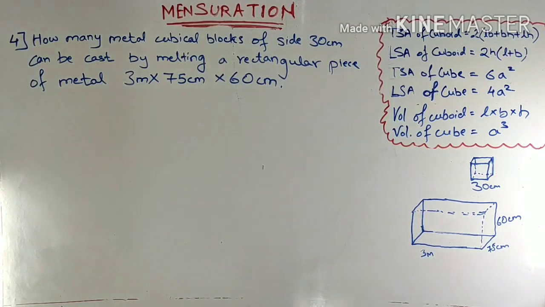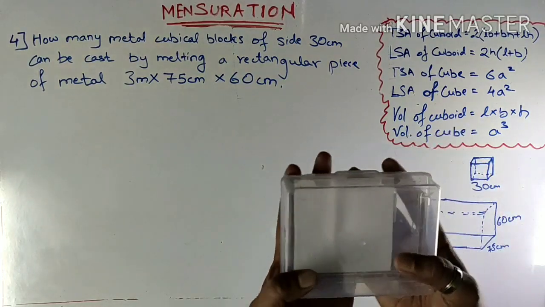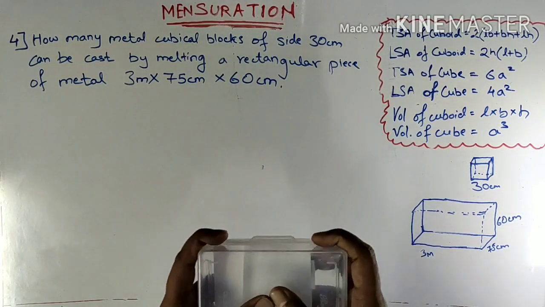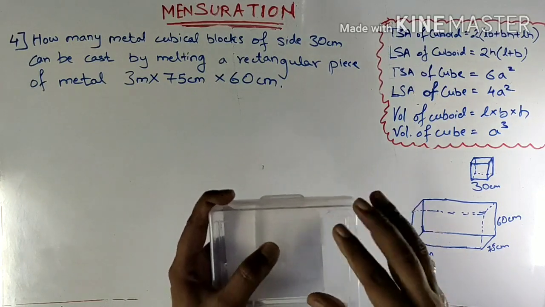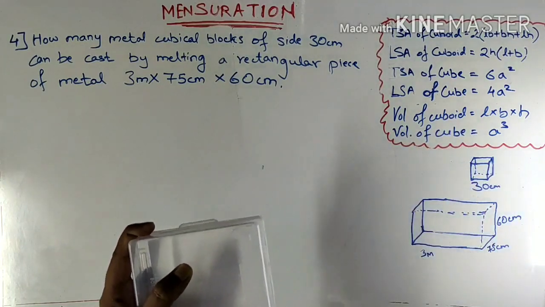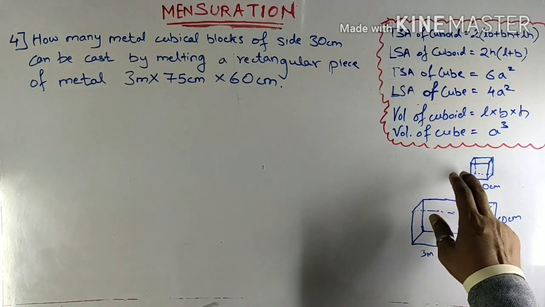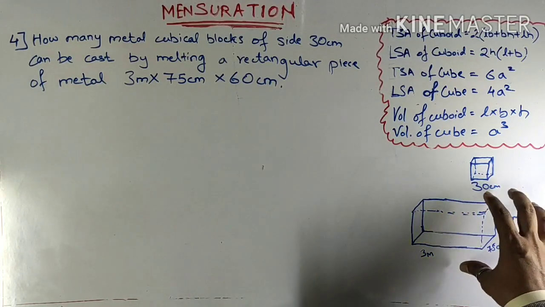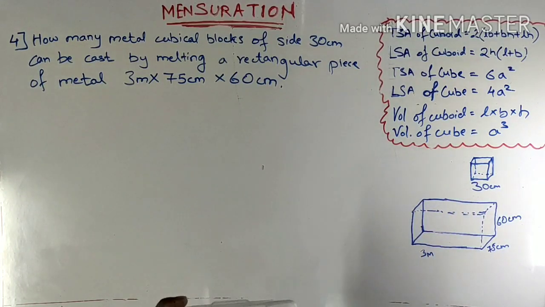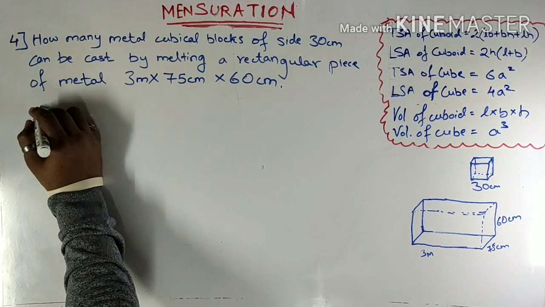Because the amount of matter that this solid cuboid had will be converted into small cubes. So what will be the number of cubes formed from this larger cuboid? That is my question. So there is a direct formula for this problem. Just pop it down.